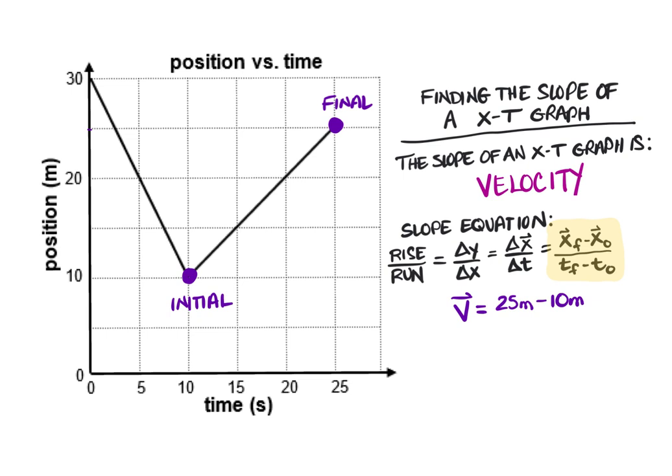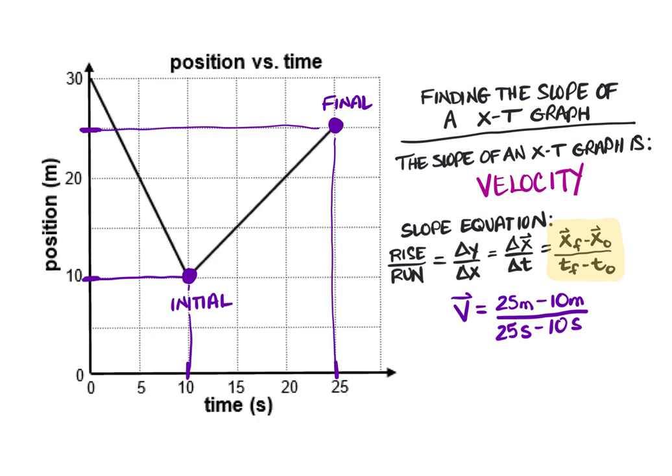And I'm just reading that right off the graph. And when I look at my time then, my final time, I'm going to read that right off the graph, is going to be 25 seconds, minus my initial time is going to be 10 seconds.